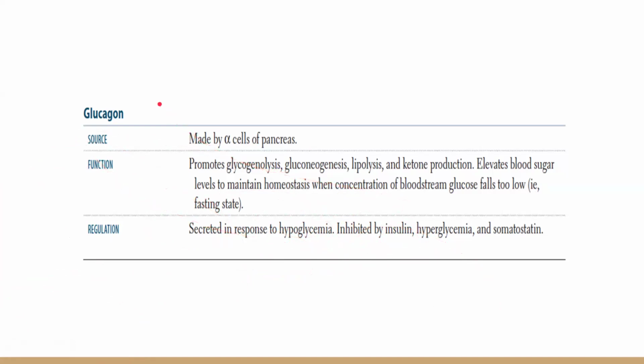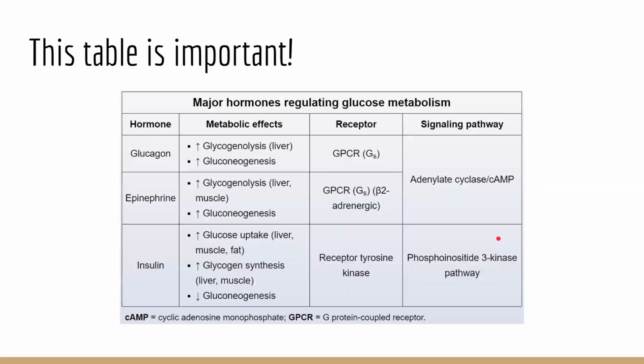Okay, so we said glucagon is stimulated by insulin, right? But glucagon is inhibited by insulin. So it gains the benefit from glucagon, but it doesn't help it back. Instead, it inhibits it. When you have hyperglycemia, you don't want more glucagon to be secreted, and somatostatin will also be involved in regulation.